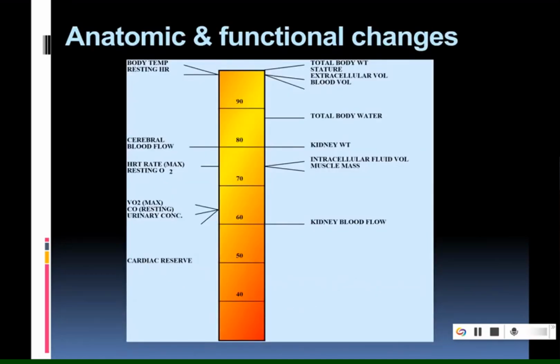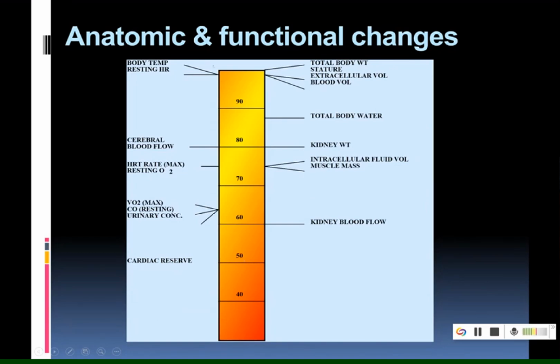We mentioned that organs age at different rates, and so their manifestations as we see in the older adult are as displayed here. We know that kidney and heart function are the most susceptible to age-related processes.